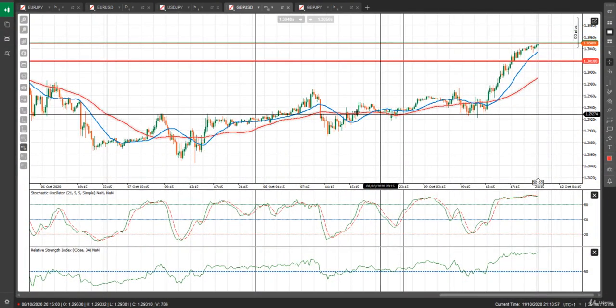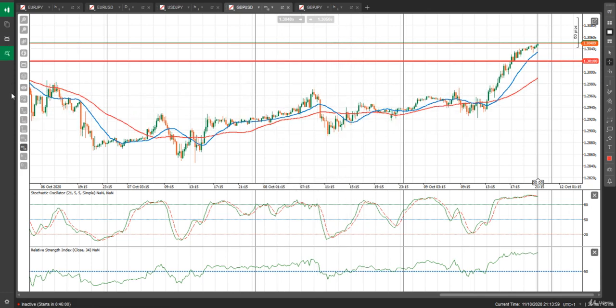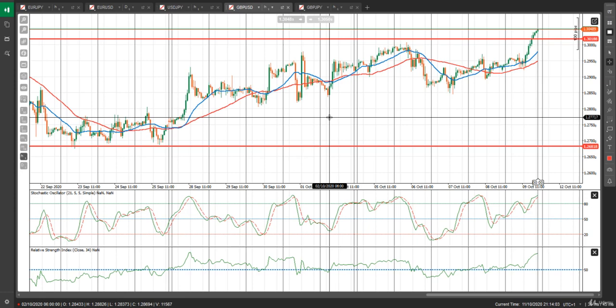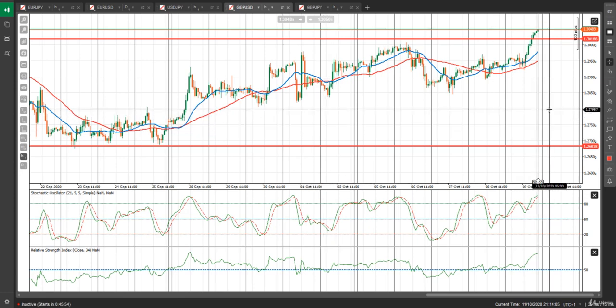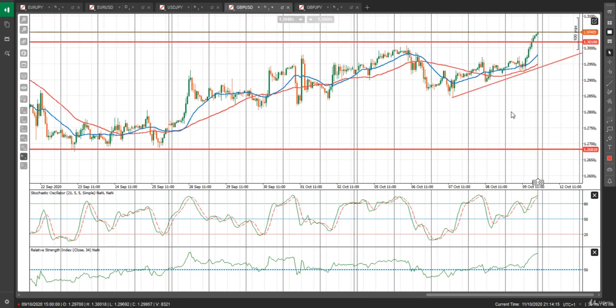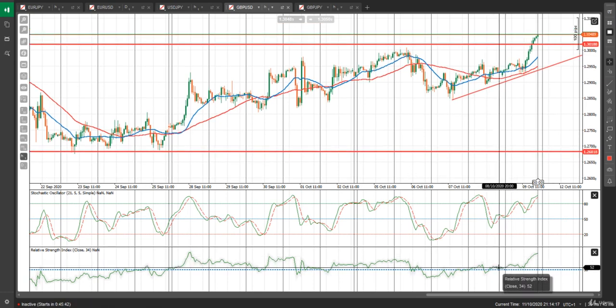Okay, so here let's see if we can retrace here an uptrend trend line like this. Here the indicators are in an uptrend.